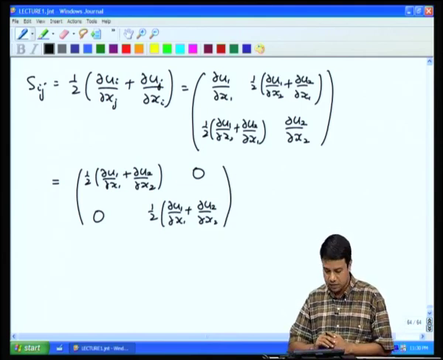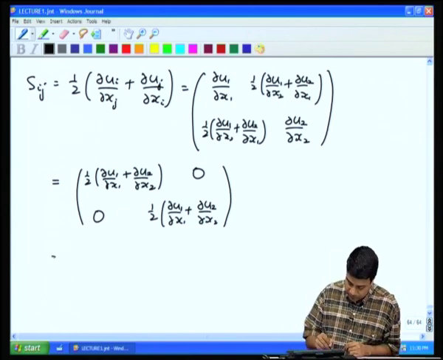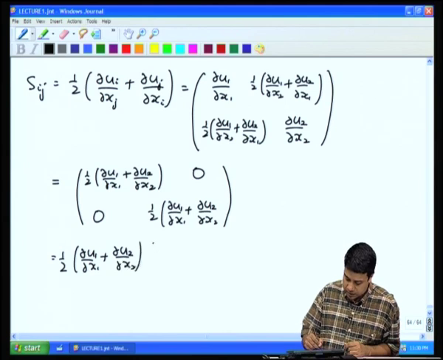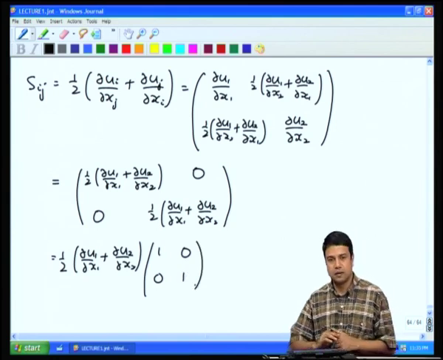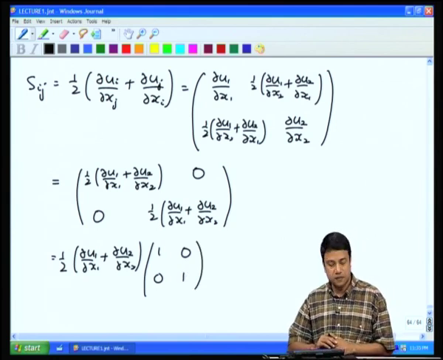You can easily identify this. This can also be written as half of partial u 1 by partial x 1 plus partial u 2 by partial x 2, this scalar quantity times the identity matrix. So, that is the first part.